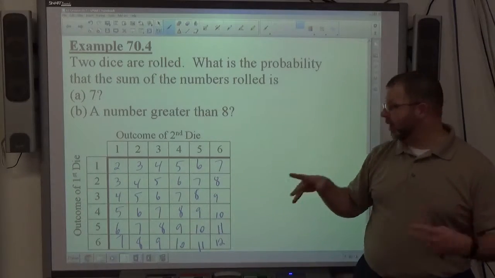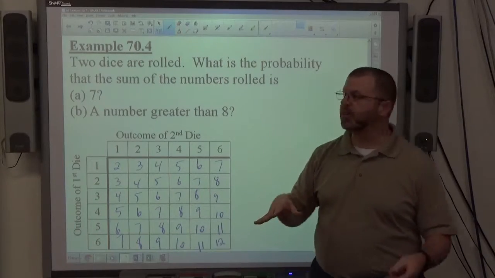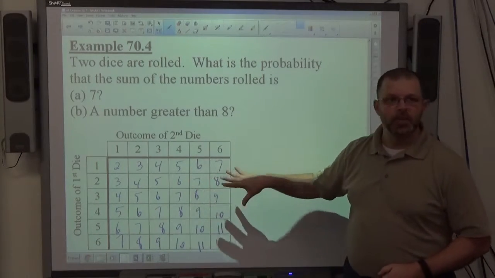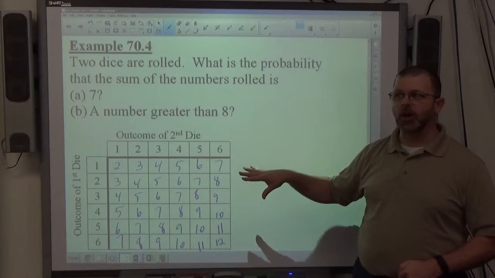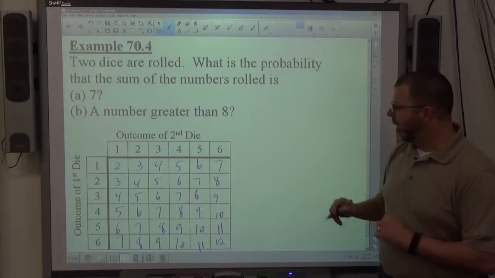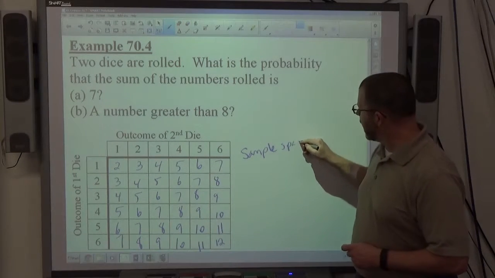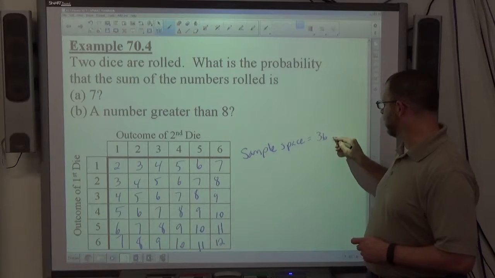So even though they're all 6, there are different ways of getting 6. And they're all 7, but there's different ways of getting 7. So the blue represents our sample space, not only what numbers you can get, but how many times you can do them. So the sample space here contains exactly 36 outcomes.